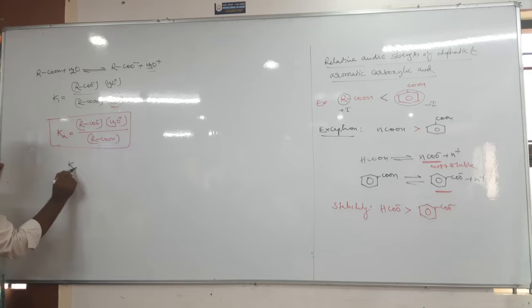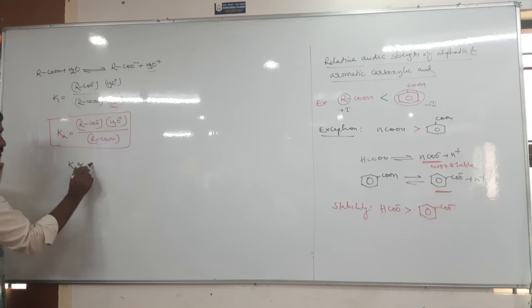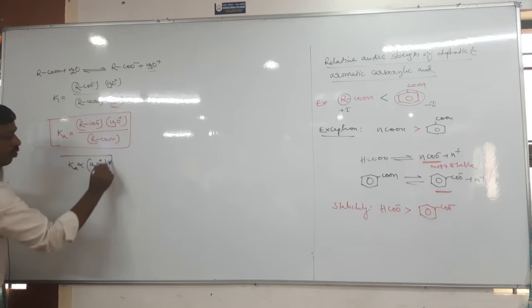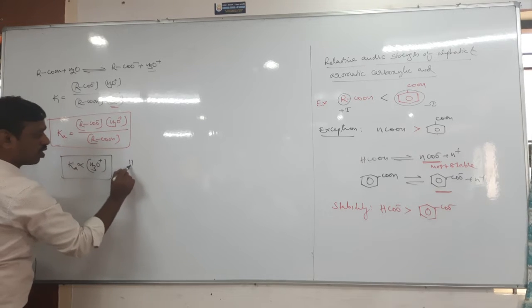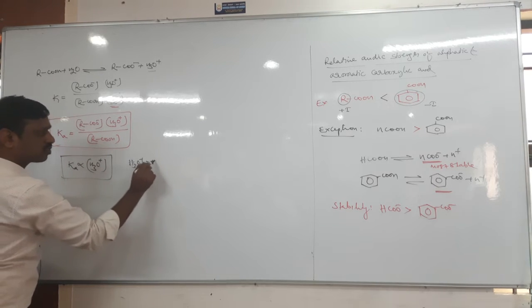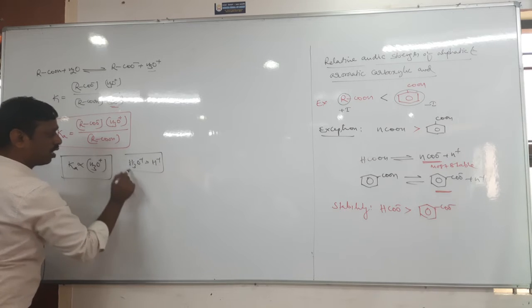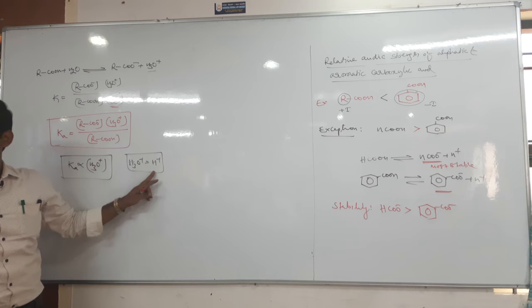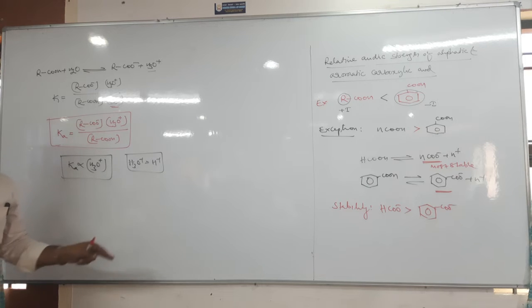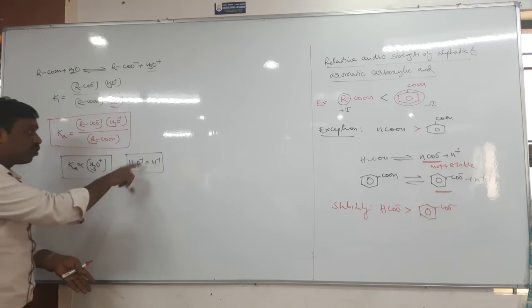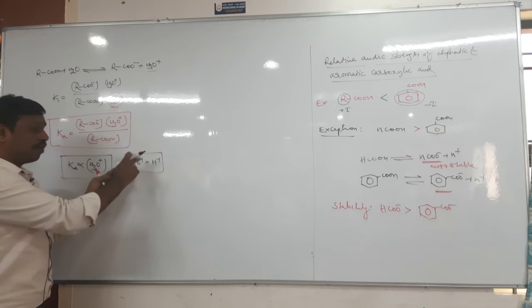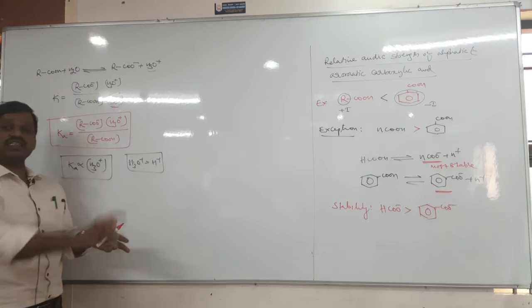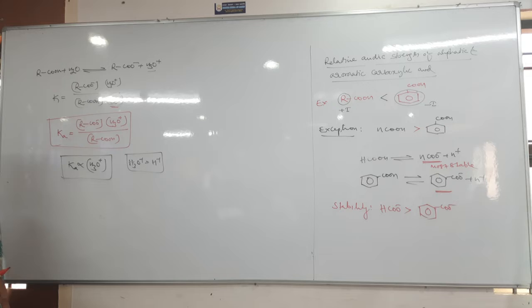Ka is directly proportional to H3O plus, and moreover, what is H3O plus? H3O plus is nothing but H plus, because in aqueous medium H plus ion does not exist. It exists as H3O plus, because H plus combines with water, it always exists as a hydronium ion, H3O plus.